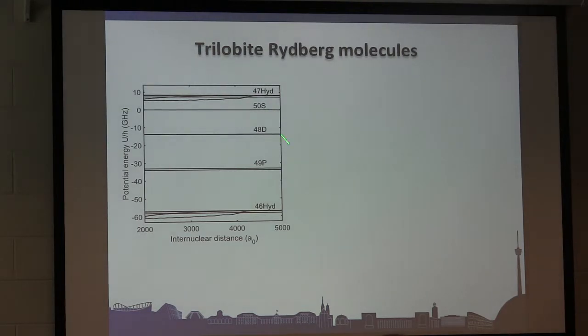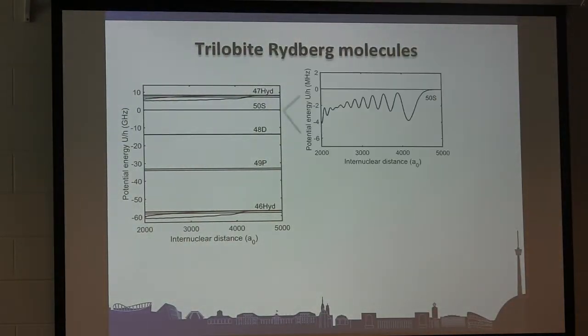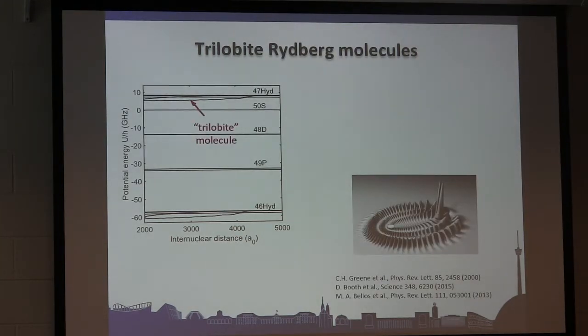The states are of course split due to quantum defect, and the potential I showed you up to now is a very tiny perturbation on top of this line, so it's megahertz, and the splitting of these lines is of course gigahertz. But you can already see that there is some strange molecular state appearing, which also has gigahertz binding energy up there. This is the so-called Trilobite state, which Chris Green already proposed in 2000.